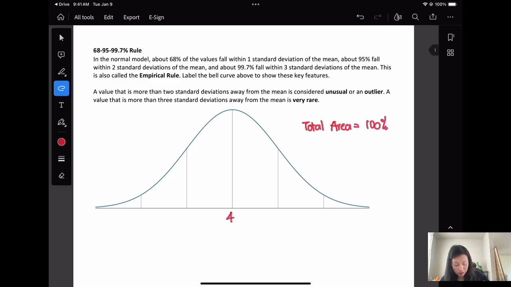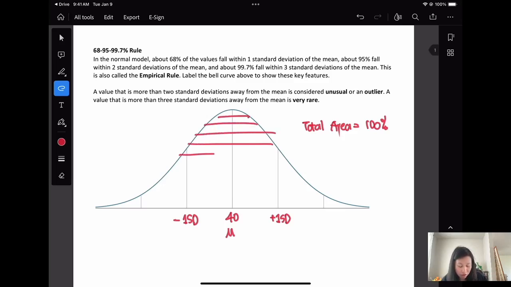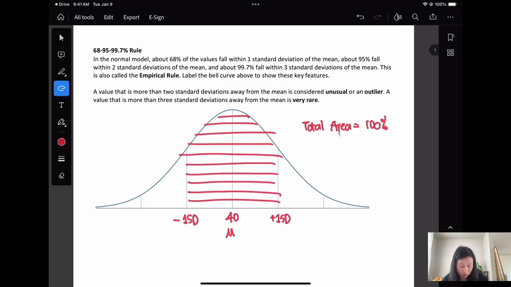The center mu is going to be 40, and then adding 1 standard deviation is here, and subtracting 1 standard deviation is here. 68% of the data is going to be between the first plus or minus standard deviation, which is the highlighted part containing 68% of the data.